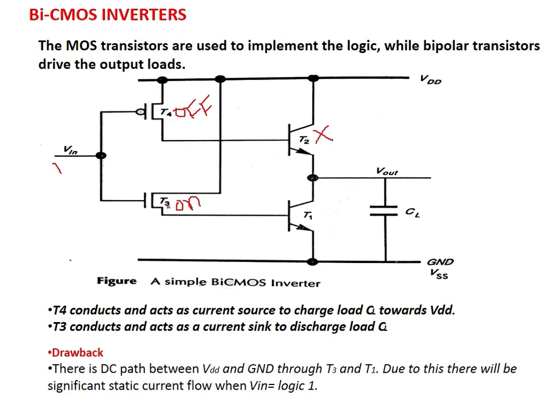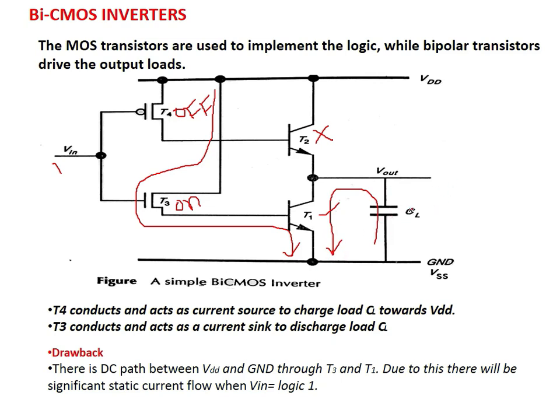This T3 is on, which means the transistor T1 turns on. Now there is a path from VDD to T3 to T1 to ground, and there is a path from the output to ground. That's why the output is discharging.